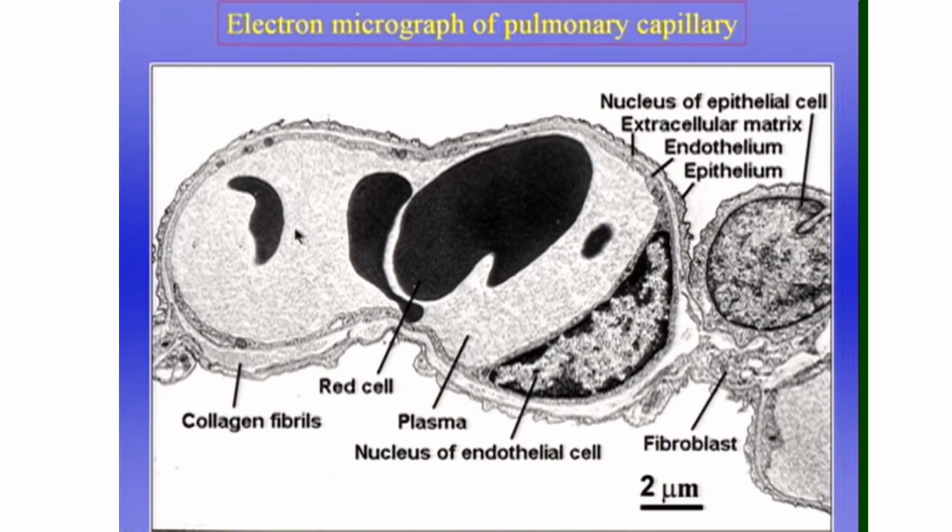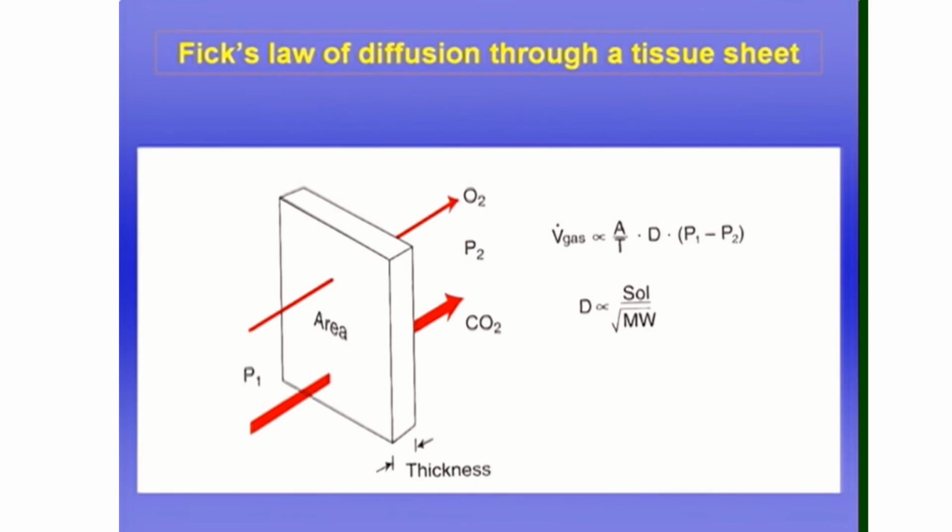And why is that? Well, that brings us to the principles of gas diffusion through a tissue sheet. And this is shown on this slide. Now, we're going to come back to this slide in much more detail in a later lecture, but we should look just at some of the principles here.